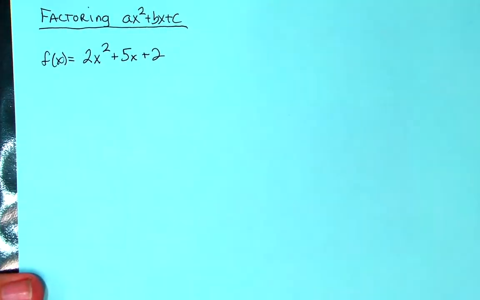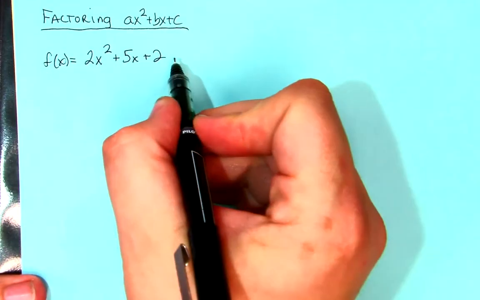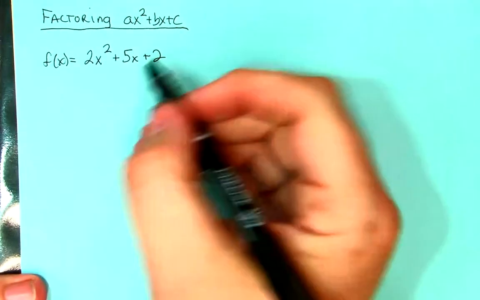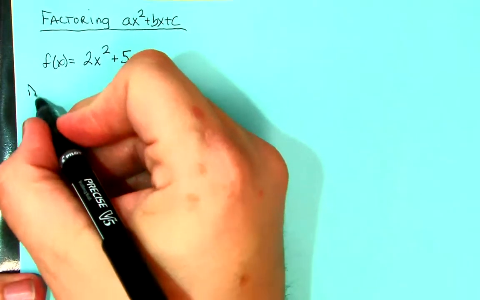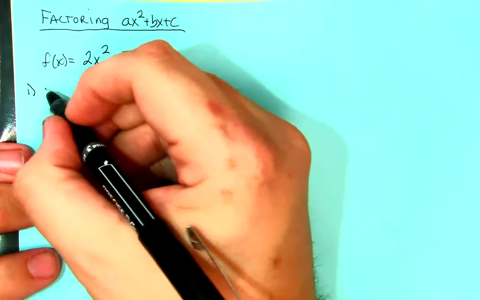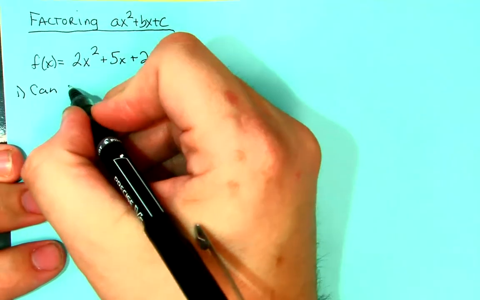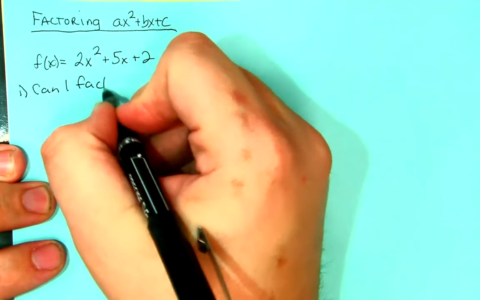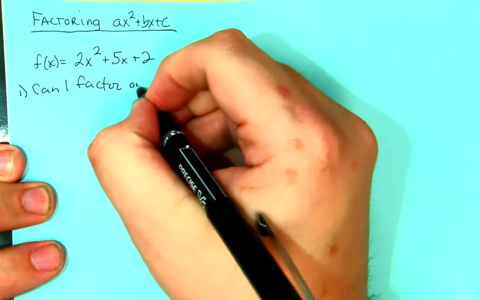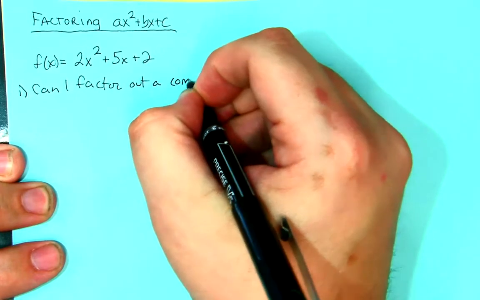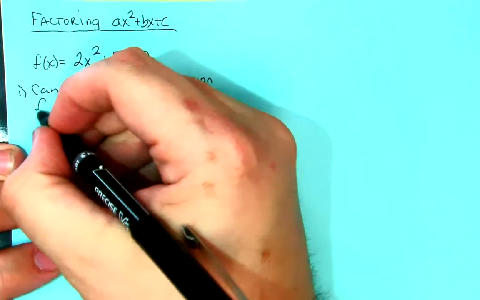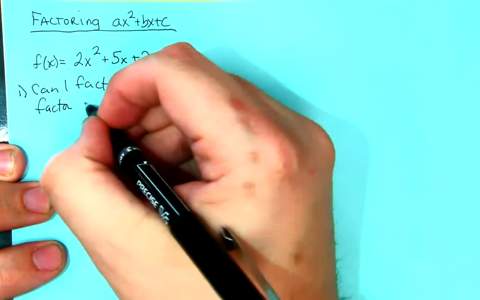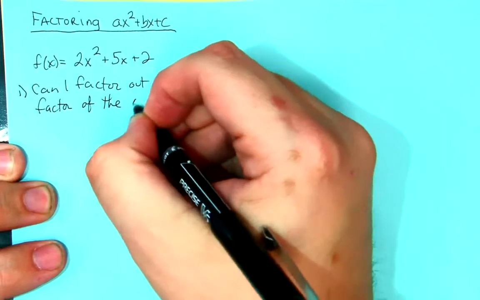Now, it doesn't matter what numbers you have. It's going to work for any one of these. The first thing you have to do, though, is ask: can I factor out a common factor of the coefficients?